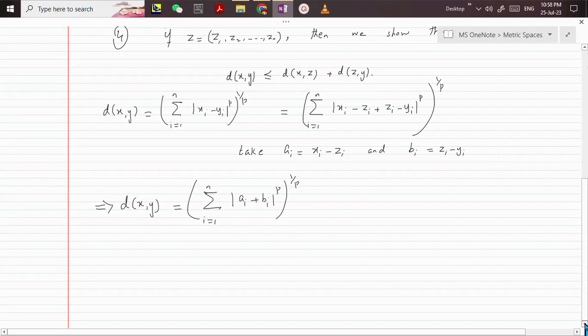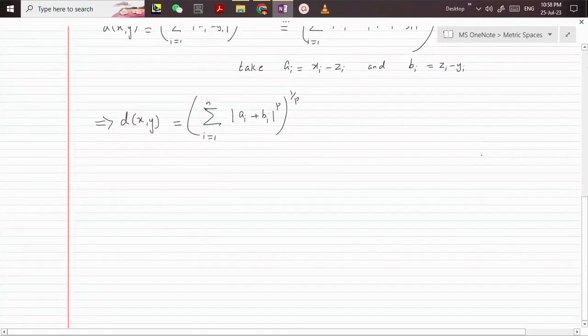So what is p? p is greater than or equal to 1. The first case is when p is equal to 1.